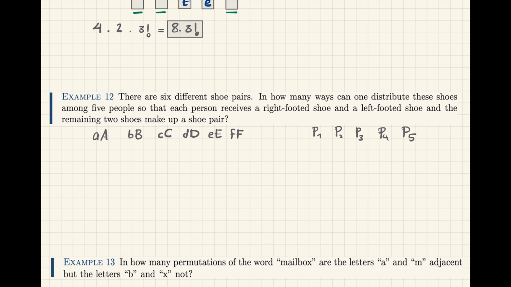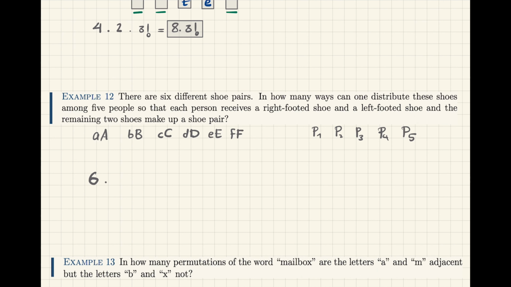I would say that I decompose this task into different stages. The first stage, let me decide about the pair of shoes that I want to keep for the end. How many options are available? I can either choose this one or that pair, or up to this one. So I have 6 options available for the pair of shoes that is supposed to be left at the end.